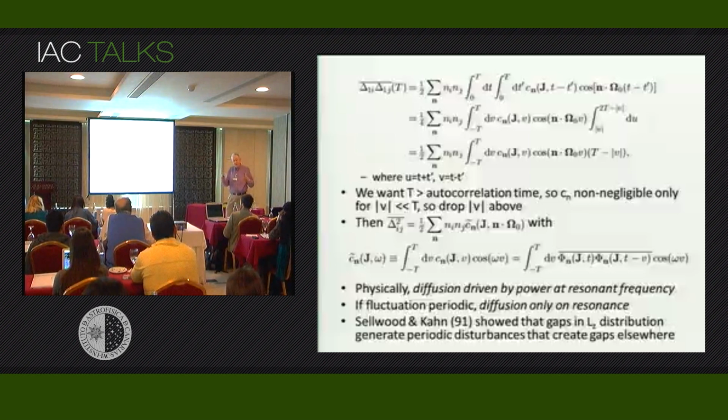So what this formula is telling us is our ability of a star to diffuse through phase space is determined by the power in the fluctuation spectrum at its characteristic frequencies. A star has, in principle, an infinite number of characteristic frequencies, though these characteristic frequencies are all integer linear combinations of its fundamental frequencies, and whether the star can diffuse or not depends on whether there's any power in the fluctuation spectrum at that particular value.